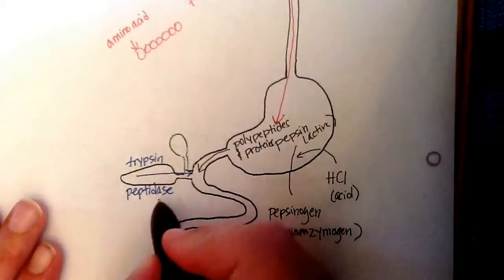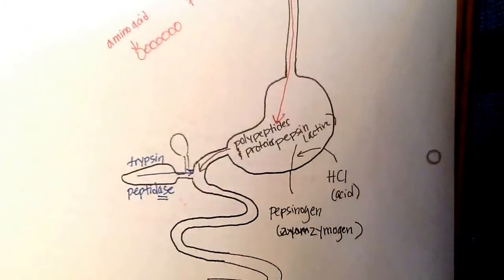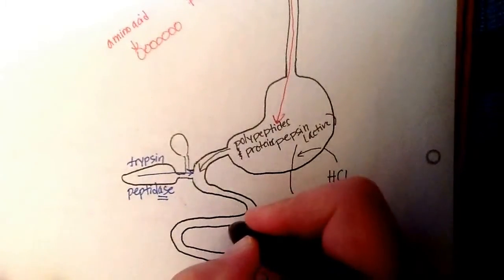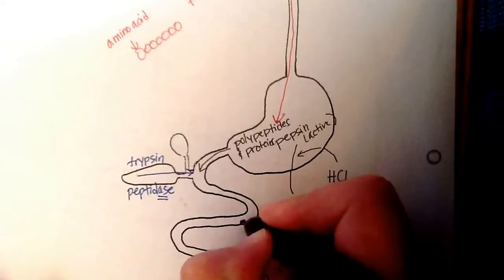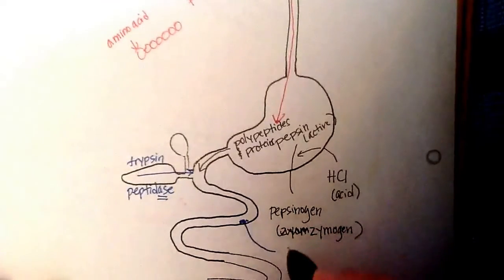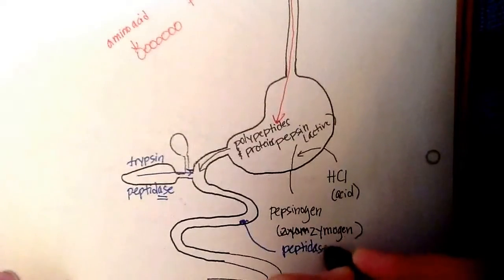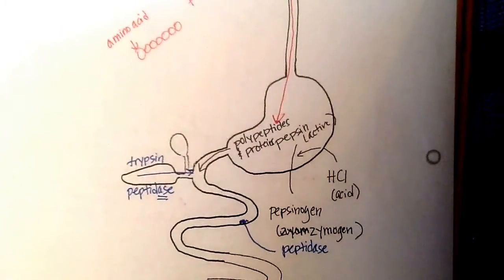I just simply want you to know that there are peptidases that will break down those polypeptides. Also, here in the small intestine, on that brush border that we talked about in the carbohydrate digestion, are other peptidases. And again, we could name these specifically, but I'm going to choose not to.